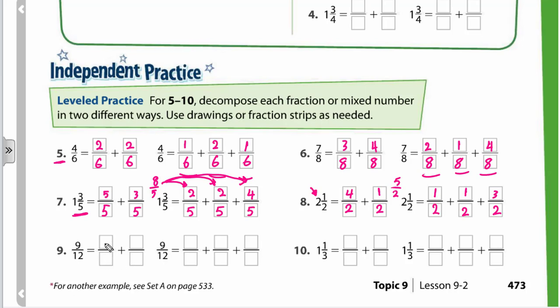Just break the 9 quickly. 5/12 plus... quickly, my hero. 5 plus what equals 9? 5 plus 4 is 9. Okay, now break it into 3 fractions.